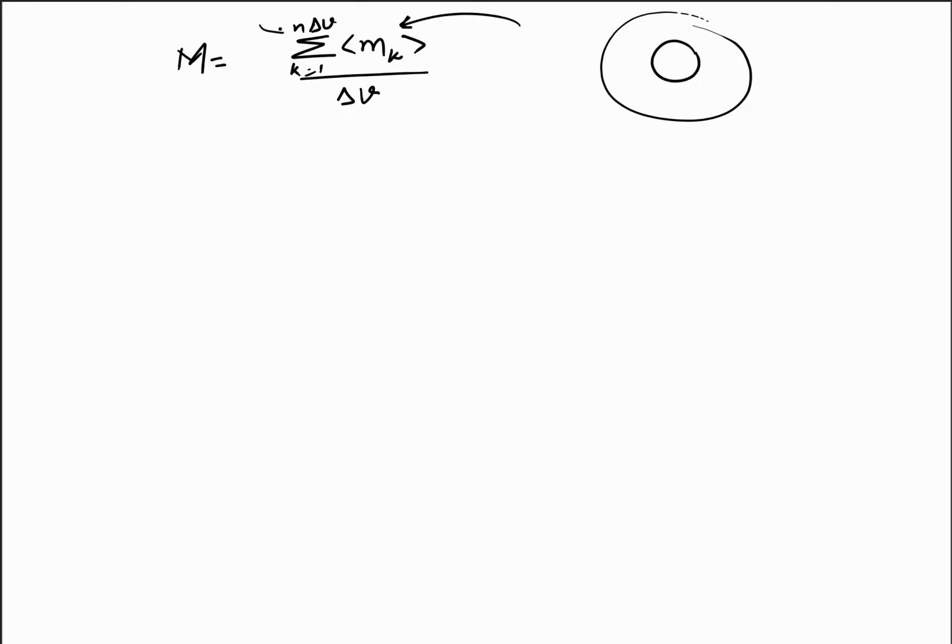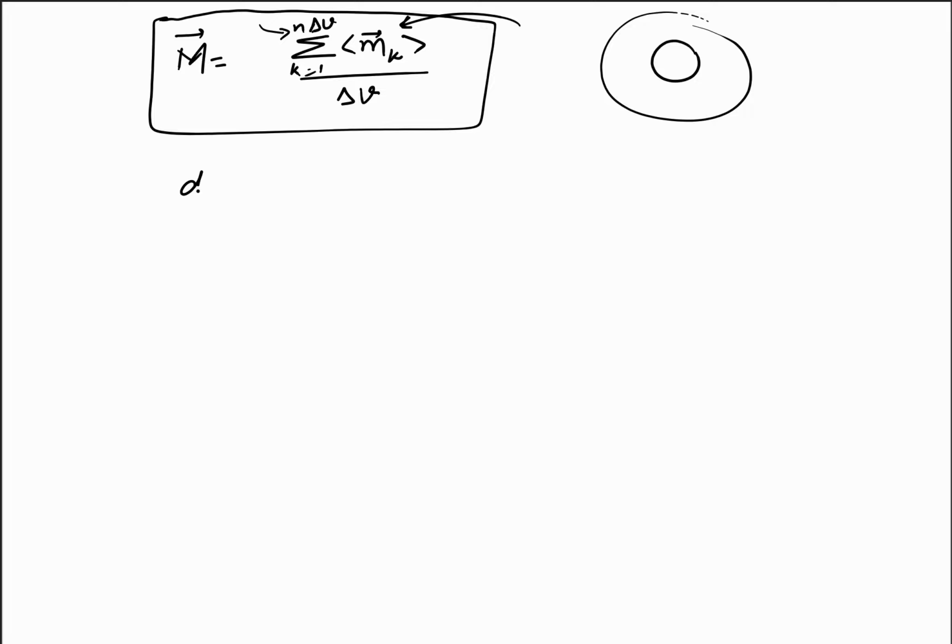This is the number of dipole moments per unit volume. If we add them and divide by the total volume, we get the magnetization vector, which is just the volume density of magnetic dipole moment.